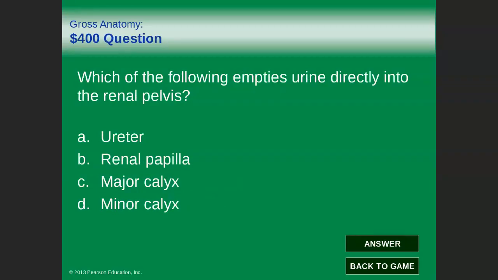Here we're testing your knowledge of your urine draining structures. Remember, your nephrons collect the urine, after it's gone through the different tubules, proximal and distal tubule, and goes into the collecting ducts. Finally, in the papillary collecting duct, we call it urine. The minor calyx drains the renal pyramid.